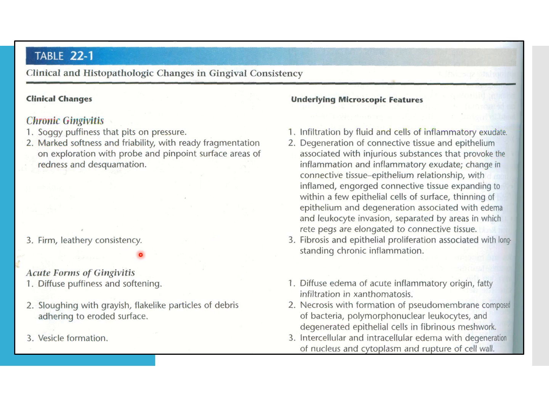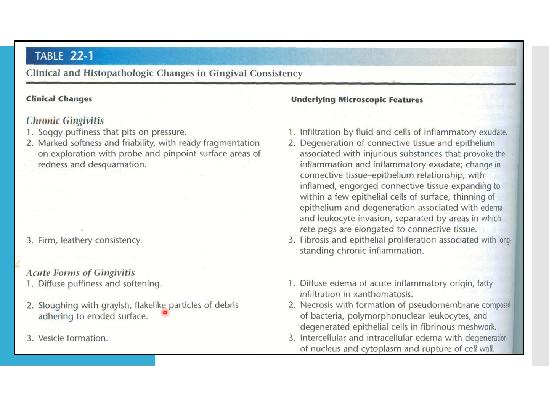Then a firm leathery consistency, as I told before, is because of fibrosis and epithelial proliferation with long-standing chronic inflammation. The acute forms can show diffuse puffiness due to acute inflammatory edema, and fatty infiltration in xanthomatosis.